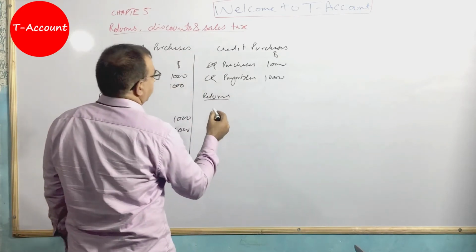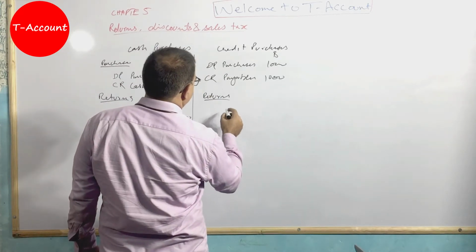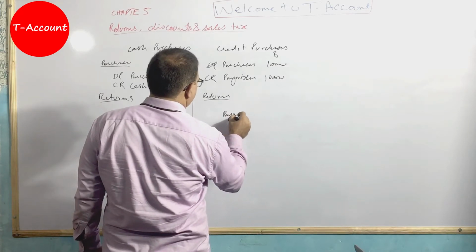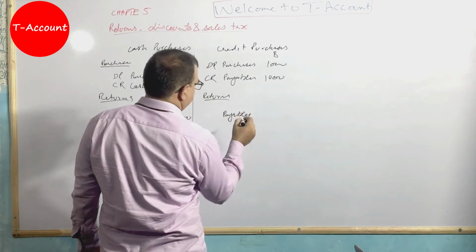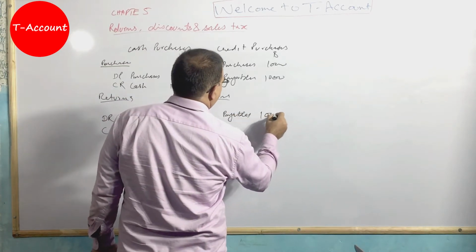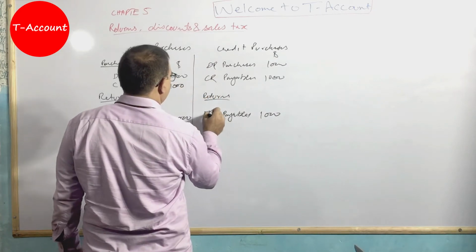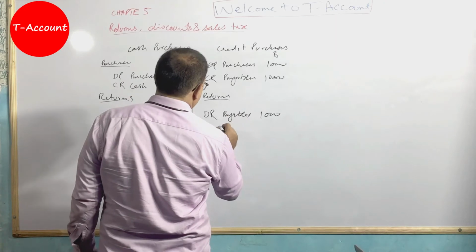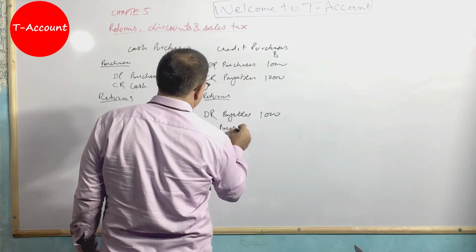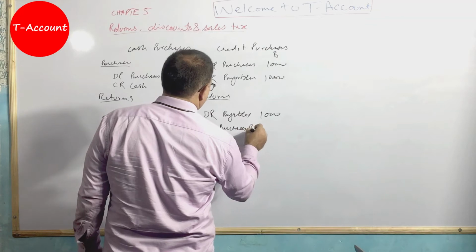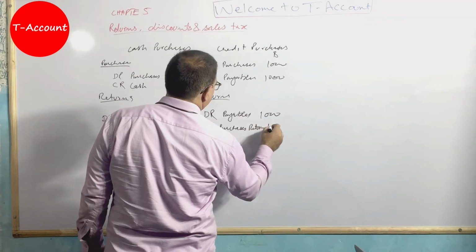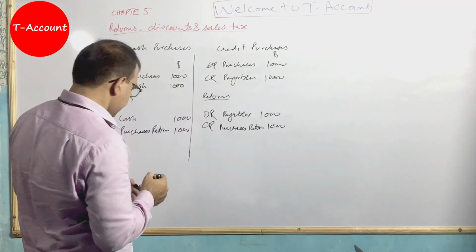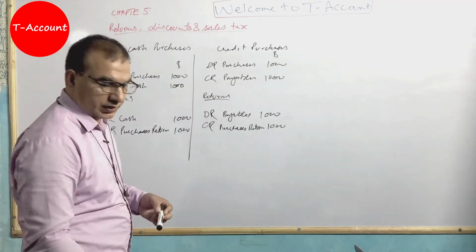Simply, you will debit the payables. So you are actually reversing it. 1000 debit, and credit the purchases returns account, return 1000. So that's how you deal with the returns.